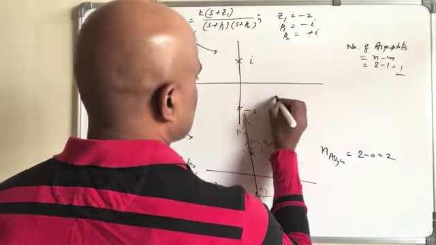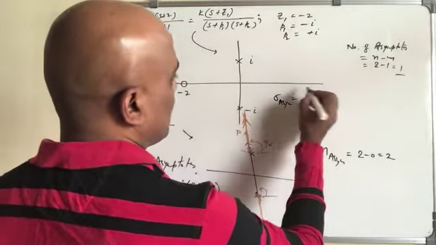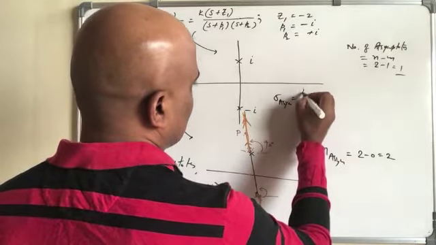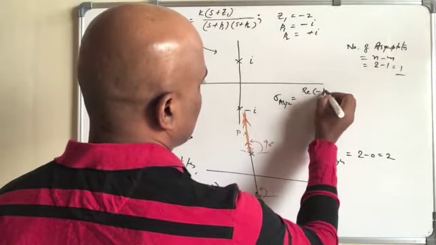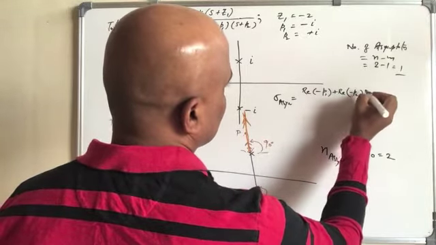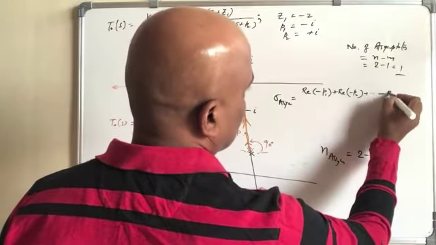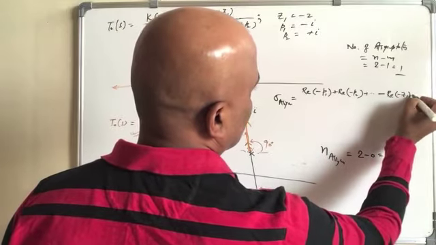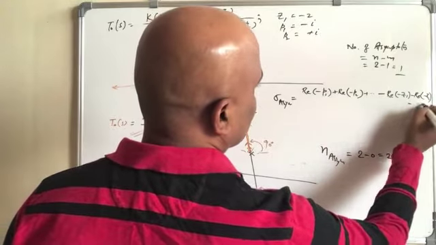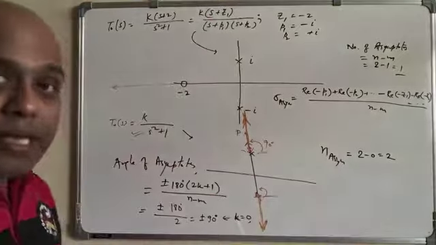Sigma asymptote, where it is meeting, equal to, we can write minus the real of minus P1 plus real of minus P2 and so on. Then we have to say minus real of minus Z1 minus real of minus Z2 and so on, divided by n minus m.